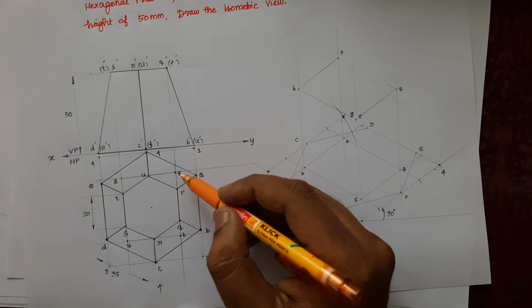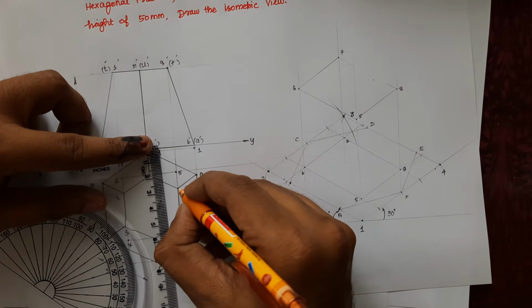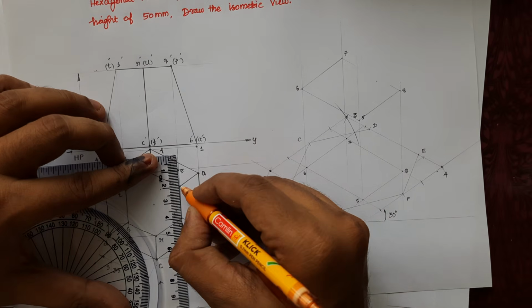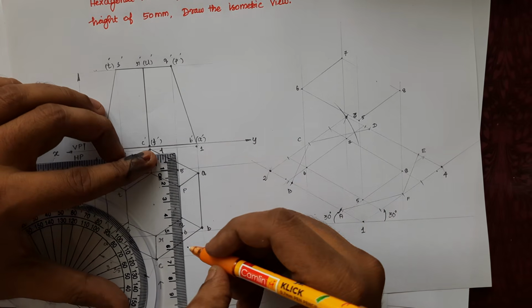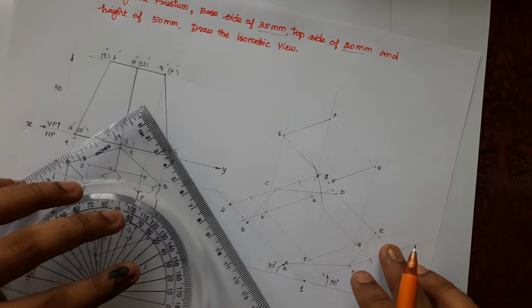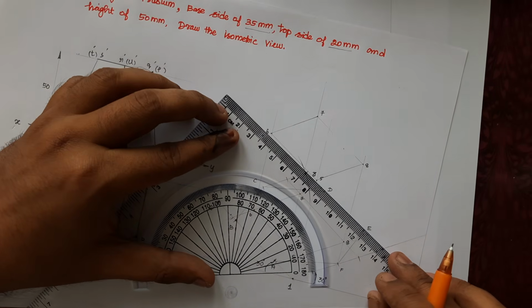Now in the 5, 6 line, there are 2 points, point P and point Q. Point P is 9 mm from 5, point Q is 9 mm from 6.